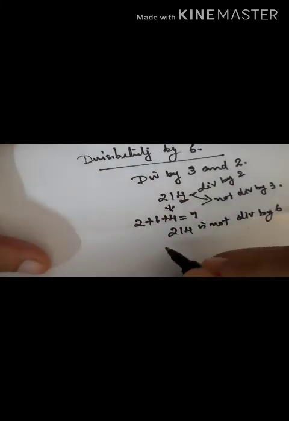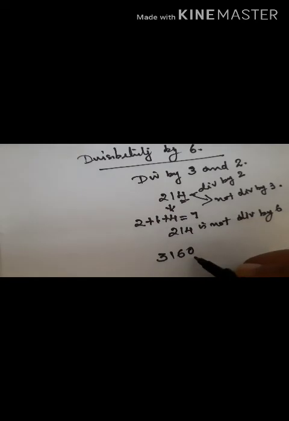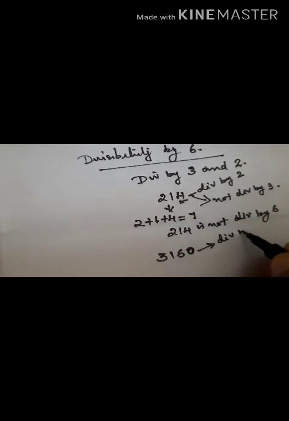Then I will give another example. 3, 1, 6, 0. Now see, first check the divisibility of 2. Yeah, the last digit is 0, so it is divisible by 2.